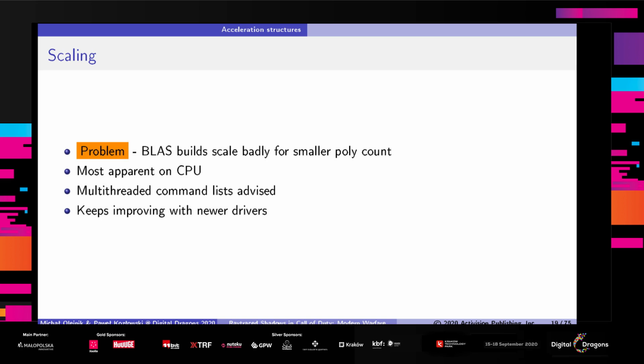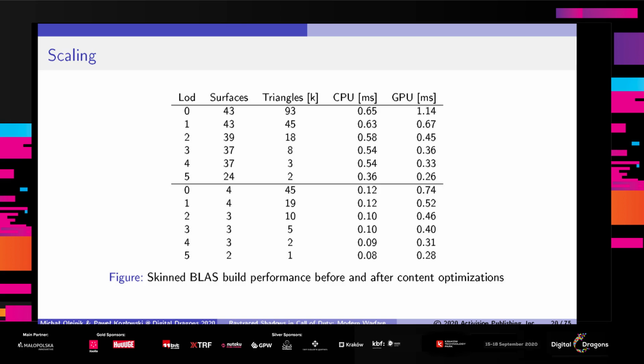Fortunately, this is something that keeps improving with newer drivers, so perhaps in the future it won't be a problem anymore. Here you have CPU and GPU timings for BLAS building on different character LODs. This is both before and after content optimizations. As you can see, the performance does not scale linearly with geometry complexity.